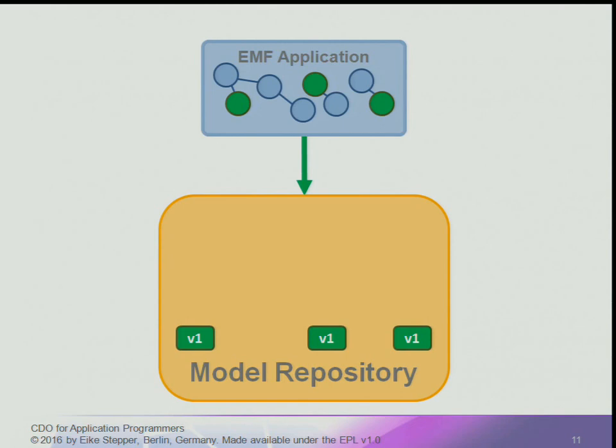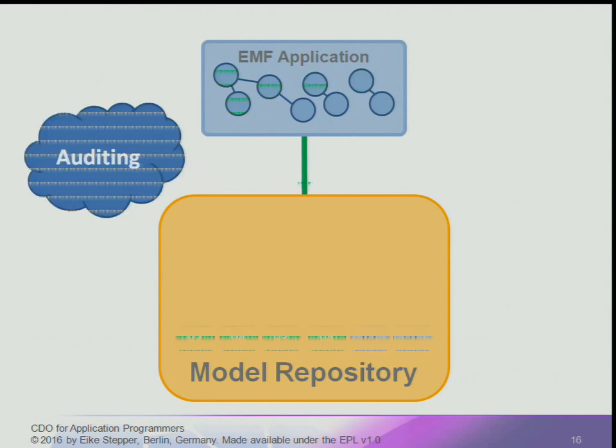So here we see 3 revisions, both the version 1 of these 3 objects. When other objects are changed, you see old revisions are overwritten in the underlying database. That is the normal mode of operation of CDO.